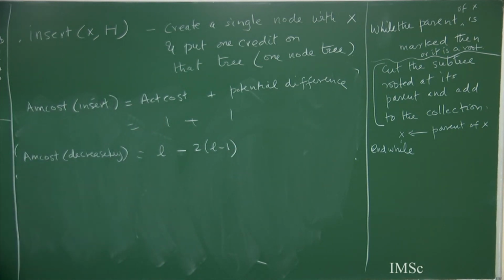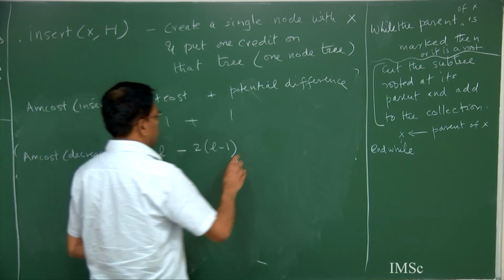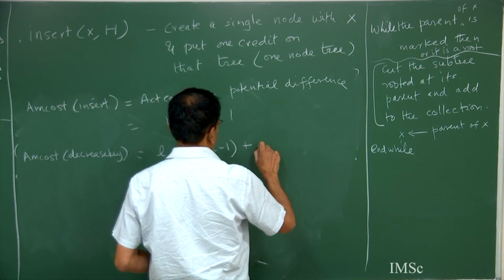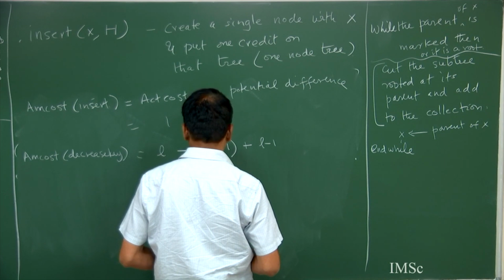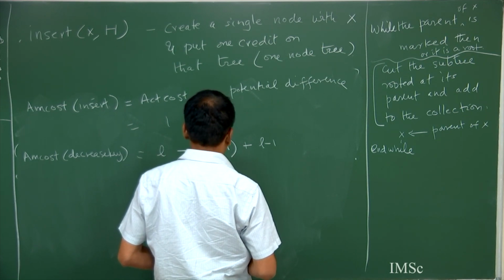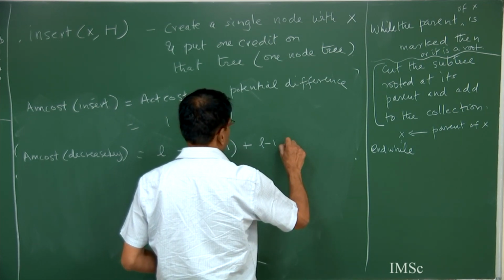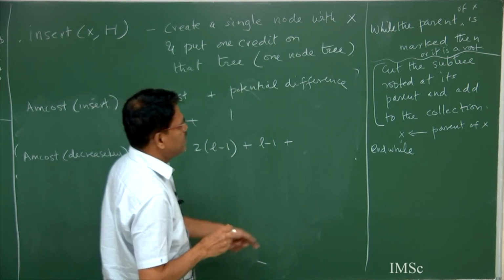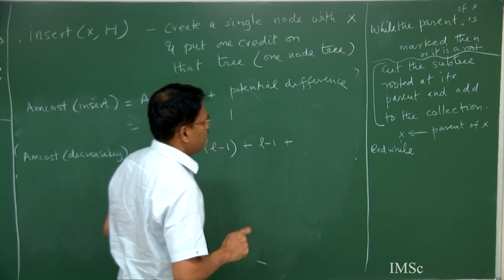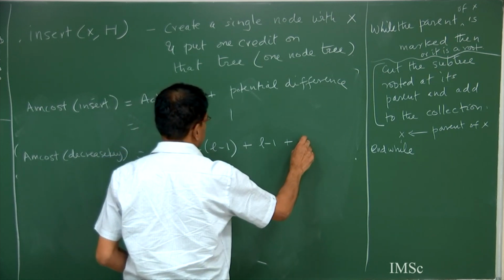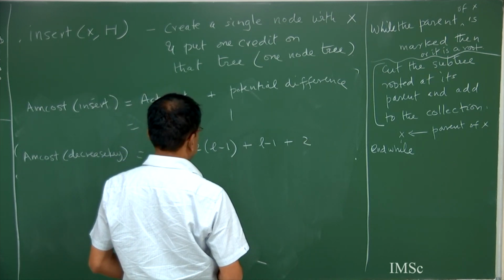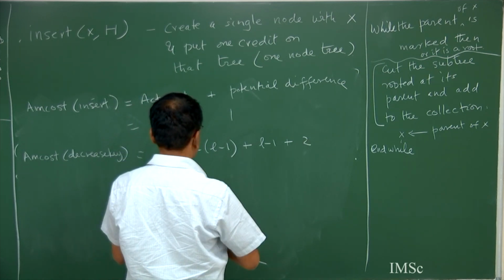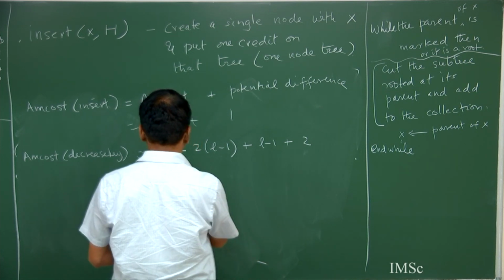So this 2 times marked nodes has come down so much, but the number of trees has become L minus 1, and you have marked one extra node, because when you come out of it, you would mark your parent and you have to put 2 credits on that. So if you do all these calculations, this 2L will cancel out. So this is like 4.